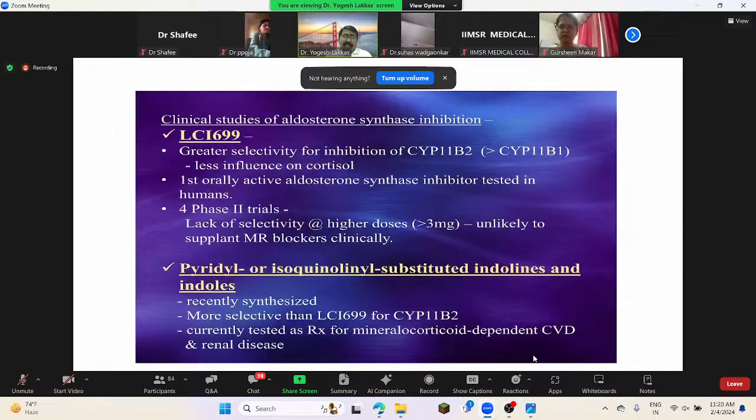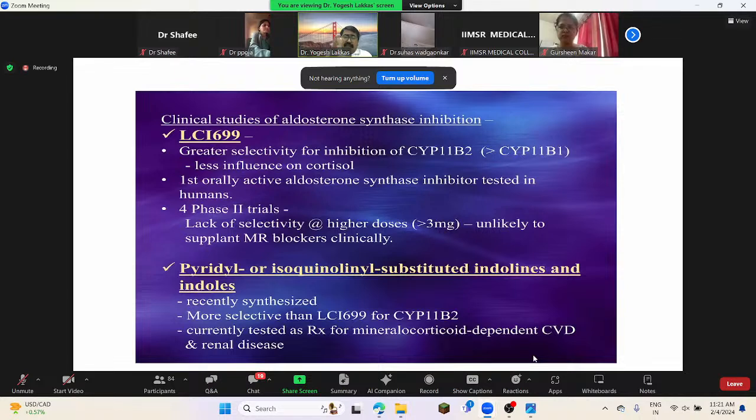But what is the problem with this molecule? It will inhibit the other enzyme that is important in the synthesis of cortisol also. So that is not specific for aldosterone itself. So there was a need for specific aldosterone synthase inhibitors. These are also in the pipeline, LCI699 and another one.